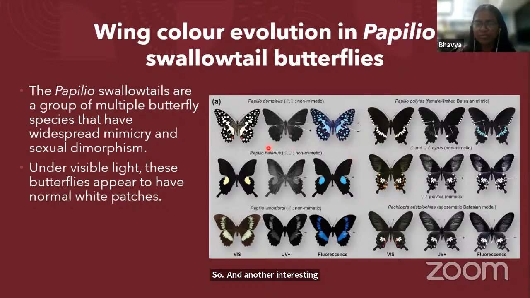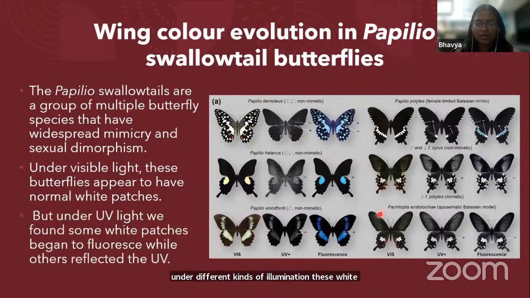Another interesting thing apart from mimicry and sexual dimorphism is that under different kinds of illumination, these white patches appear slightly different. If you look at the visible column here, which I've tried to highlight, all of these patches appear white to us, right? But under UV illumination, some of these patches are fluorescent and some are UV reflective.